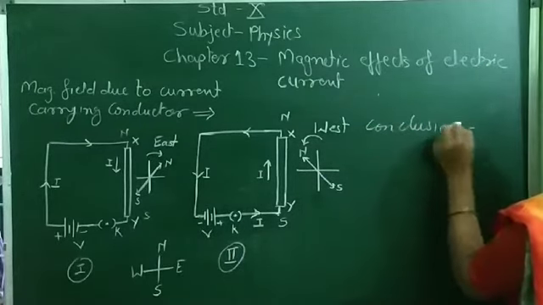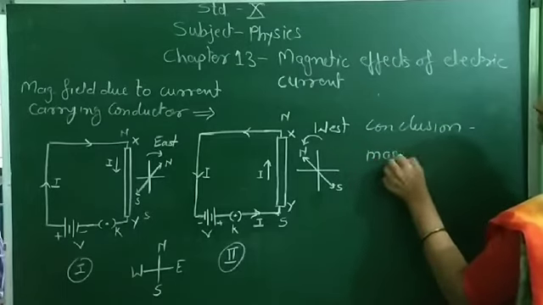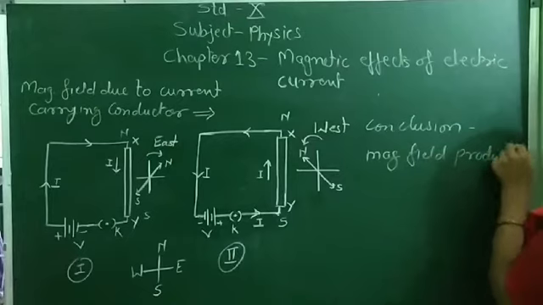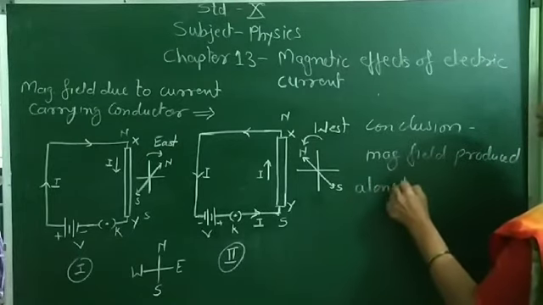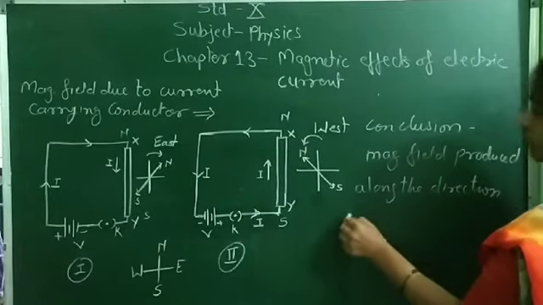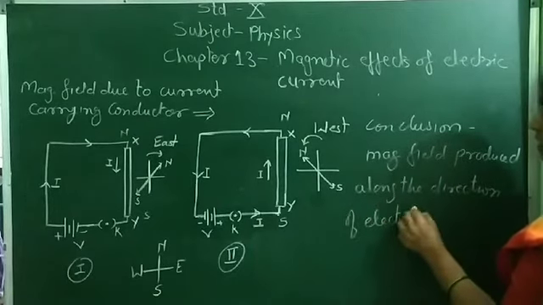The conclusion is that the magnetic field is produced along the direction of the electric current.